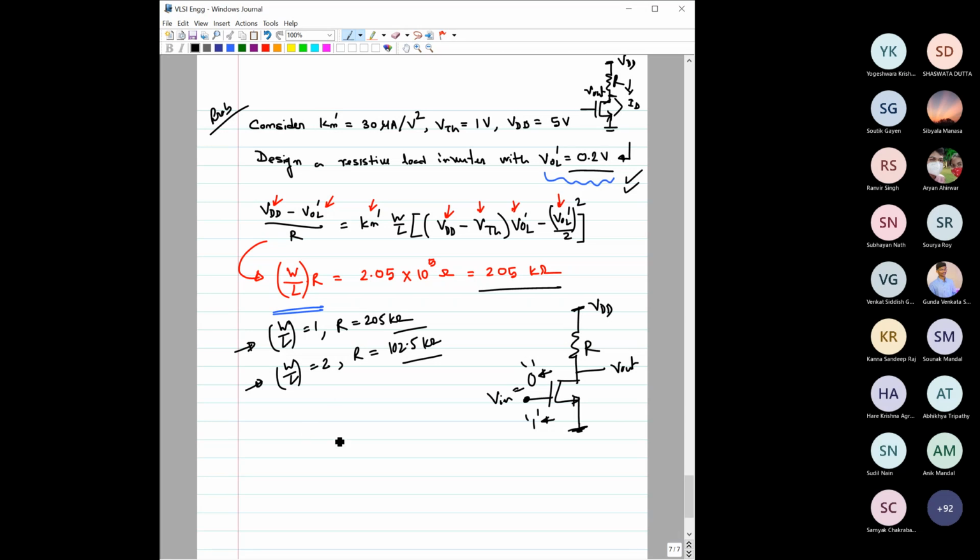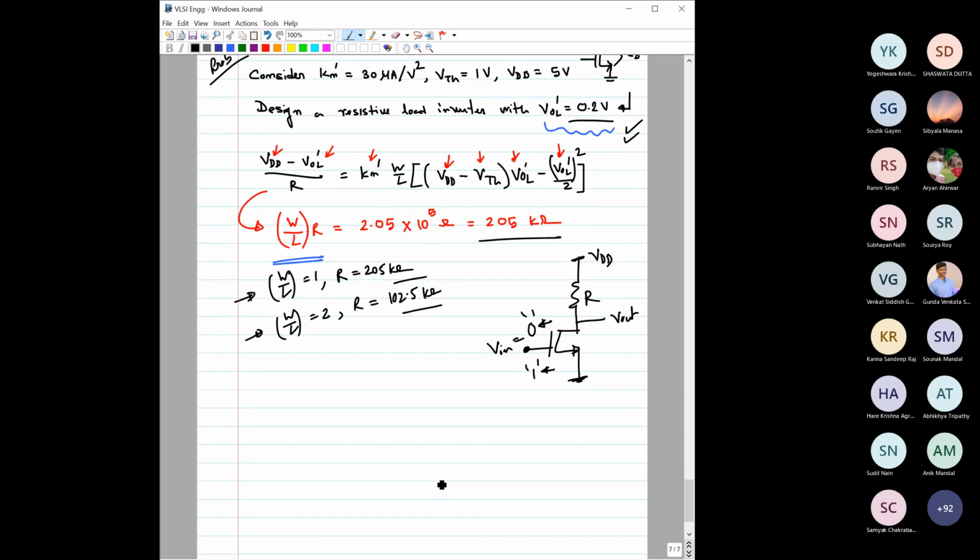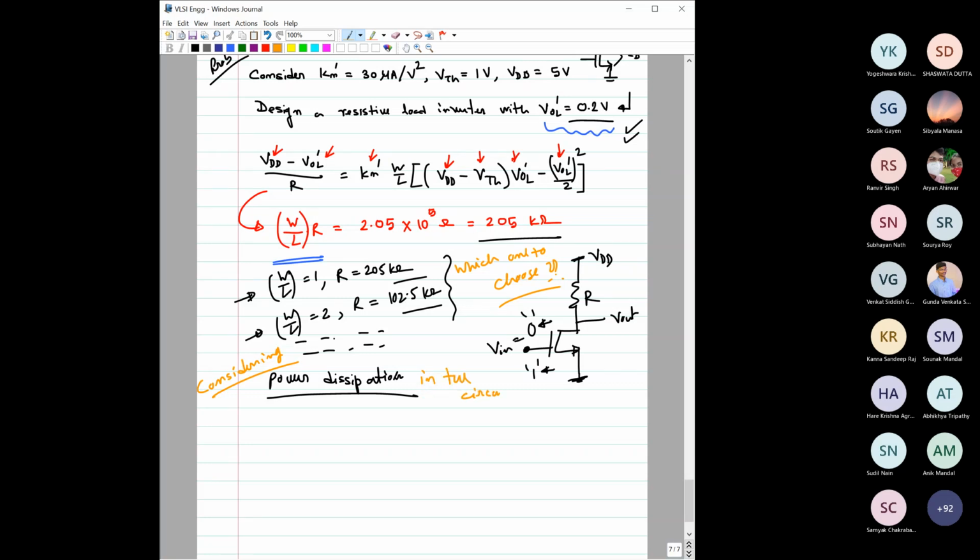Okay, maybe I will write a couple of things. Power dissipation. Now here we can choose different values, so from here we are writing which one to choose. Now we are writing considering power dissipation in the circuit.